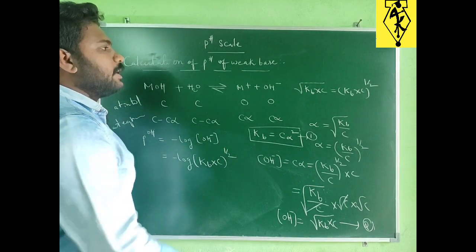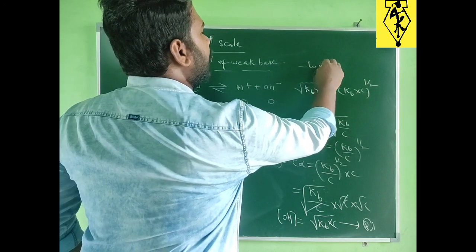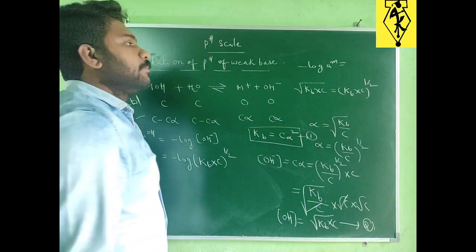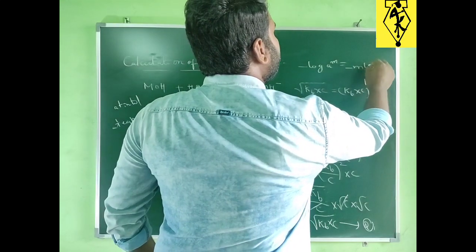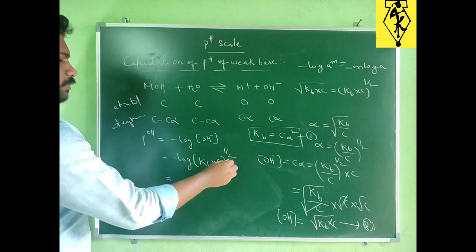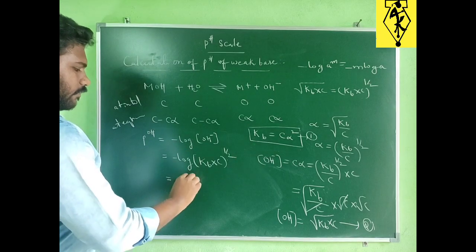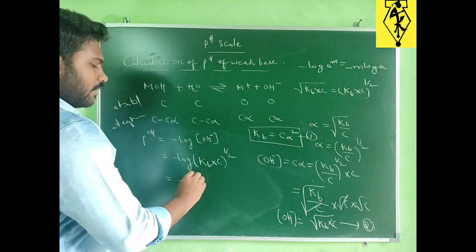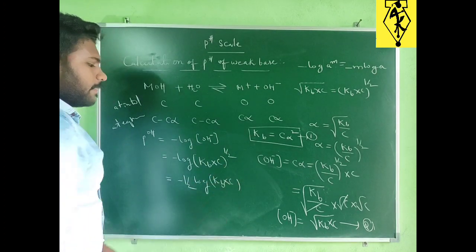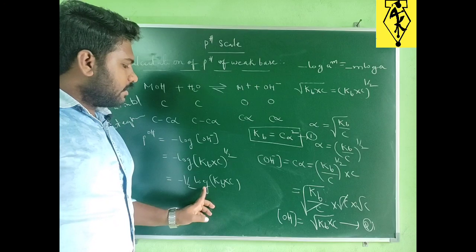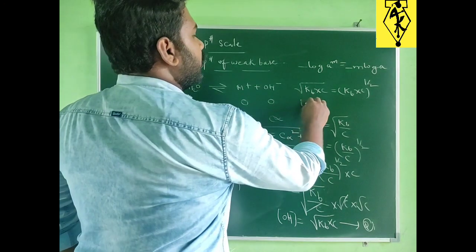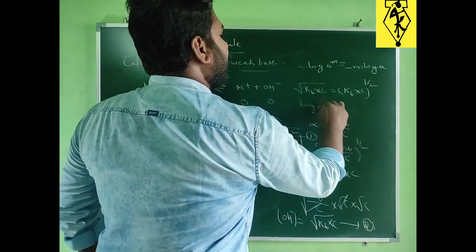This is very similar to minus log A power M. So what is the value of minus log A power M? Minus M log A. So this power will come down. So minus half of log Kb into C. Again, this looks like log A into B. So what is the formula of log A into B?